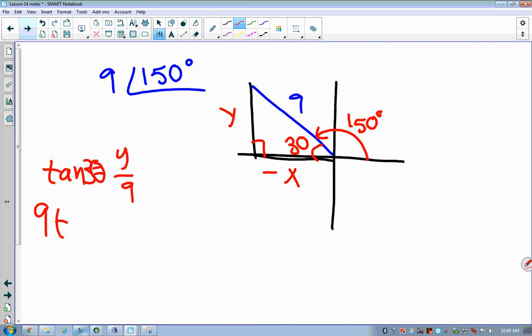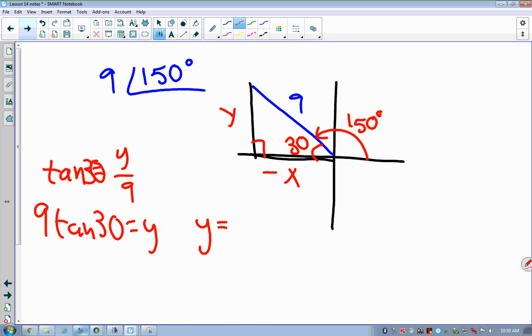So 9 tangent 30 equals y. What is my y coordinate if I have 9 tangent 30? 5 point, hold on. What did you say it was?